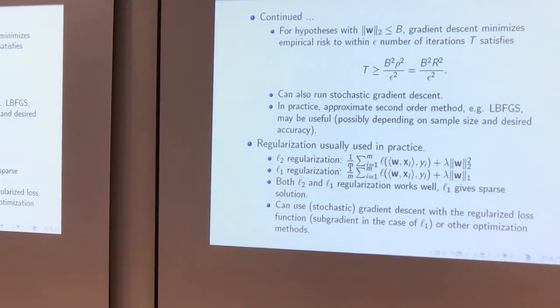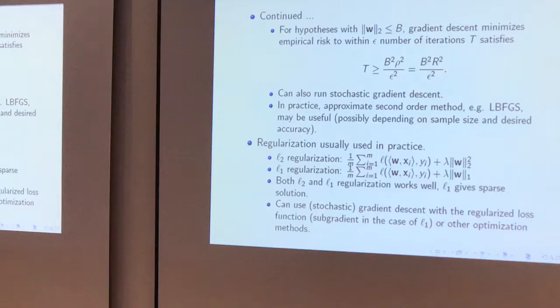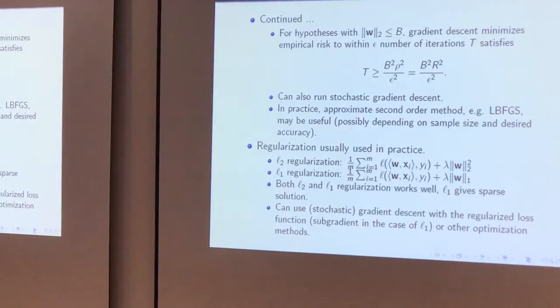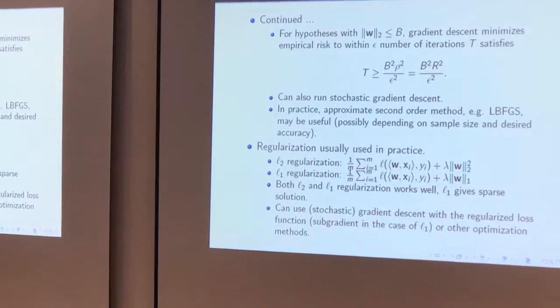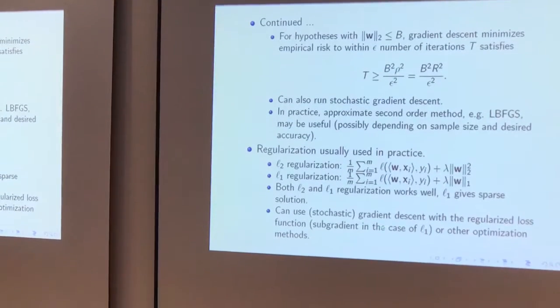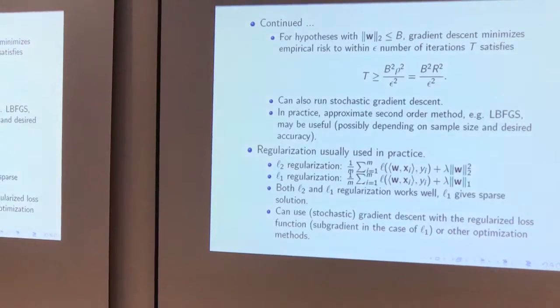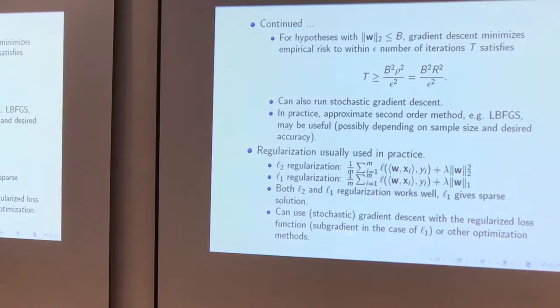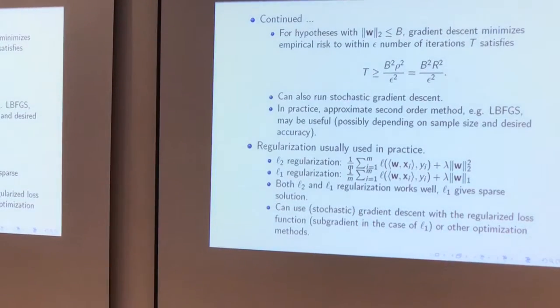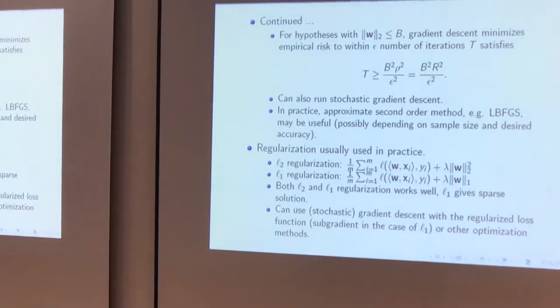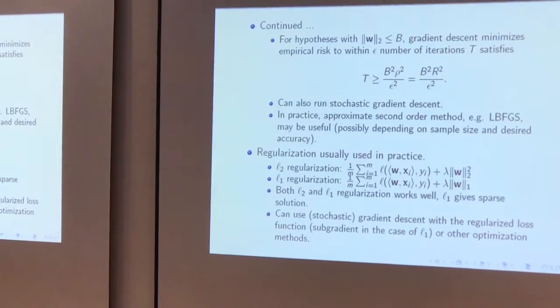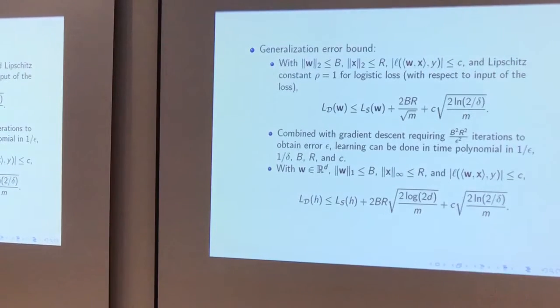L1 gives sparse solutions, so if you're interested in a sparse solution, L1 gives that. Again, if you want to optimize this, you can use gradient descent, or in this case, subgradient descent, since it's not differentiable anyway. Okay, so that's from the optimization side.